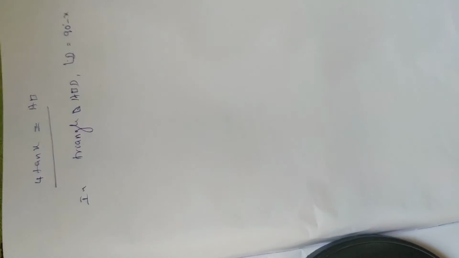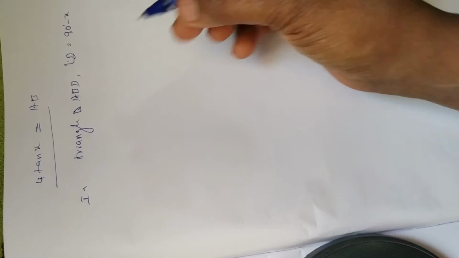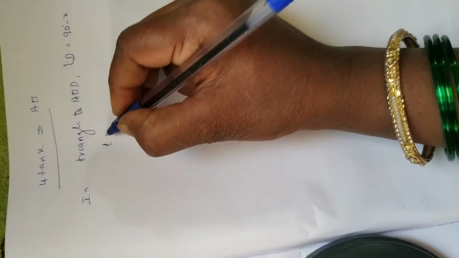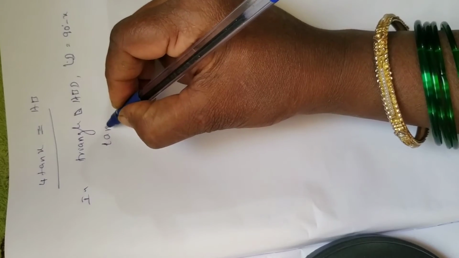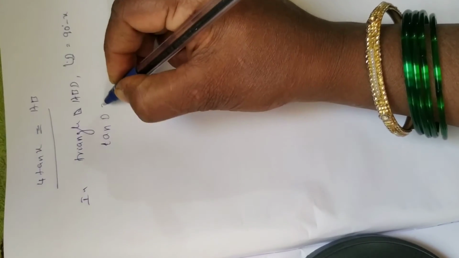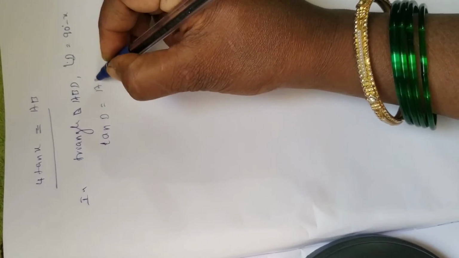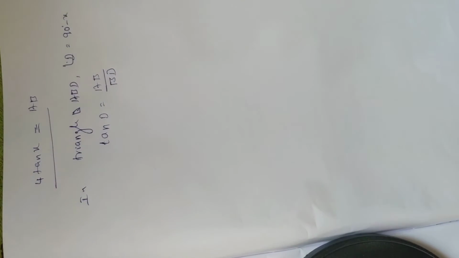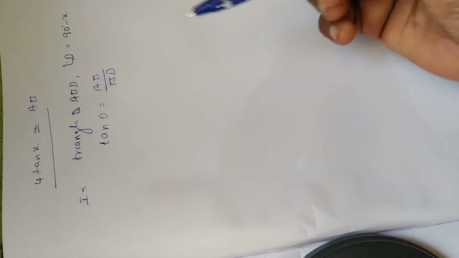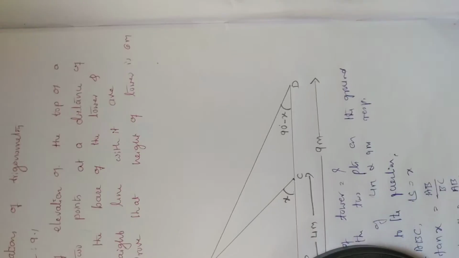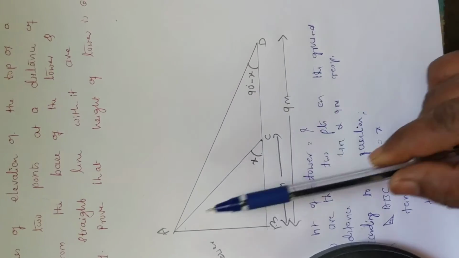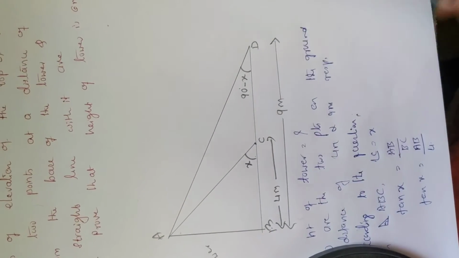So again using tan ratio, tan D is equal to opposite side AB divided by BD. You can check the diagram. For 90 minus x, its opposite side is AB, adjacent side is BD.